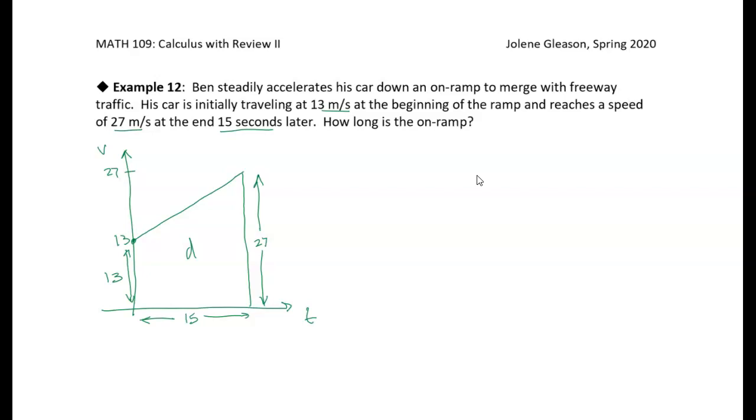Okay, so for a trapezoid, the area of a trapezoid, normally we see trapezoids kind of like this. They have two parallel sides and two non-parallel sides. Now here the parallel sides are going up and down. They're going in the vertical direction instead of being horizontal.